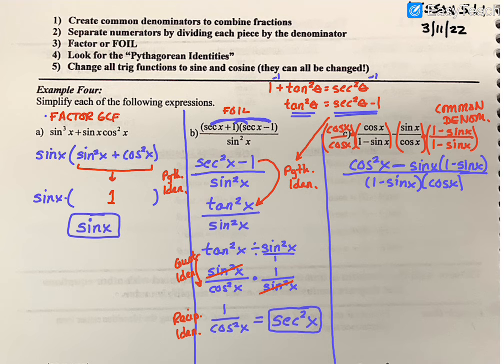Let's do some cleanup. On top, cosine squared x is still cosine squared x. I want to take that sine x and distribute it. Now, keep in mind that it's a minus sine x. So minus sine x times 1 is minus sine x. Minus sine x times minus sine x is plus sine squared x.